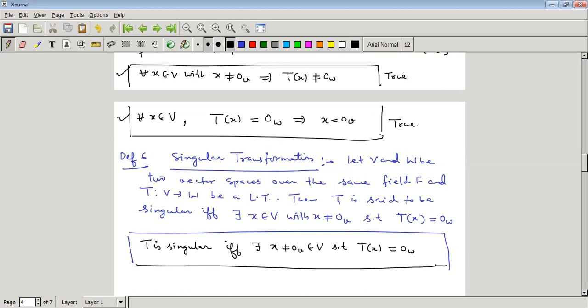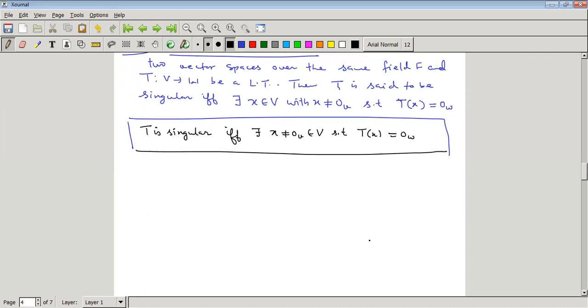If T is singular, then it satisfies this: if we have a non-zero vector in V whose image is Tx equal to 0W, then T is said to be singular. Right? Let us discuss some examples.